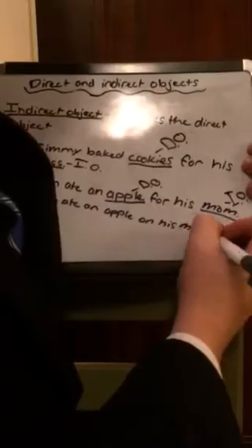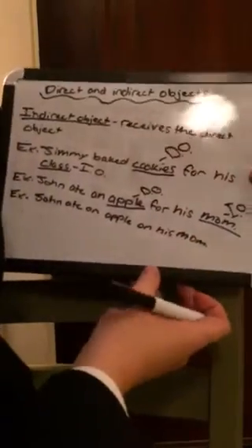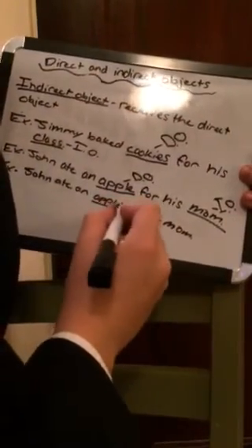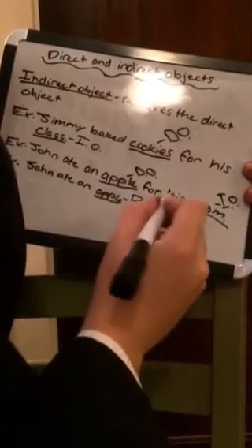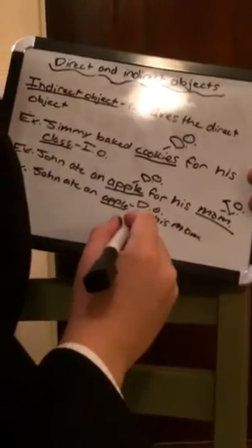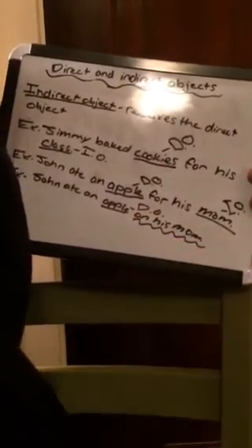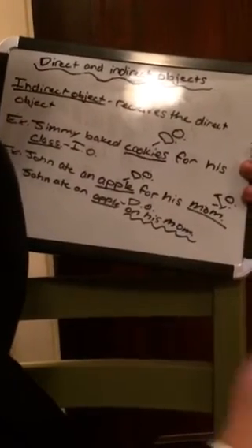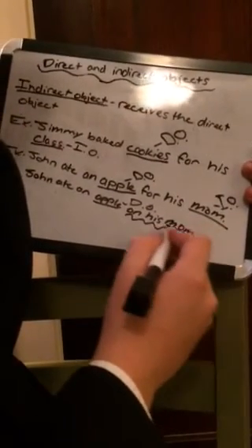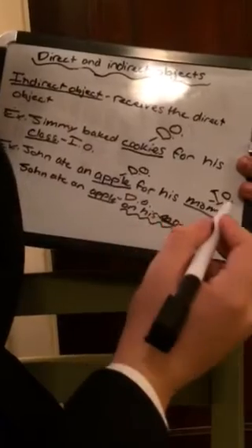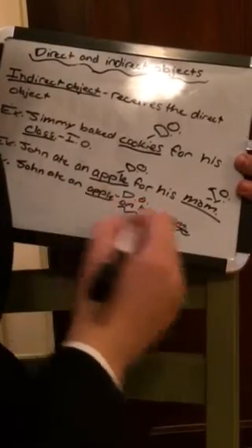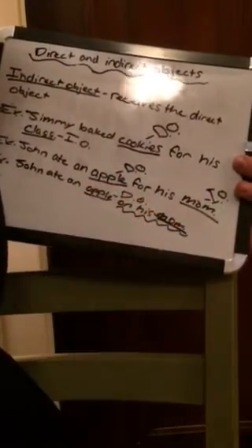Okay? Your direct object is still apple. Label it. But since this here is a prepositional phrase, mom will not be the indirect object. So there will be no indirect object in this sentence.